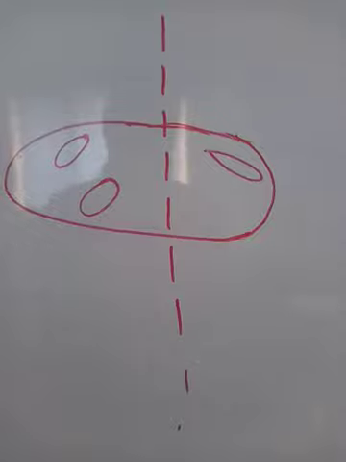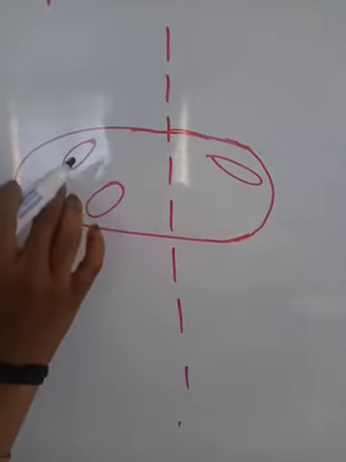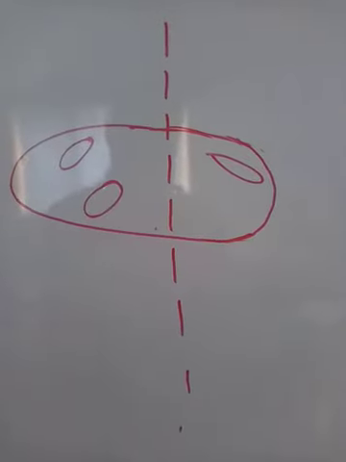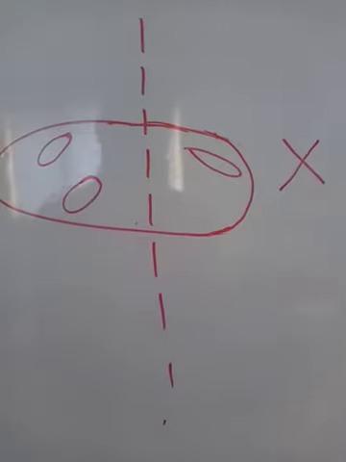Take a look at the two sides. Are they equal? Do you have the same designs, equal designs on this part and on this part? No. So this is not a symmetrical shape.